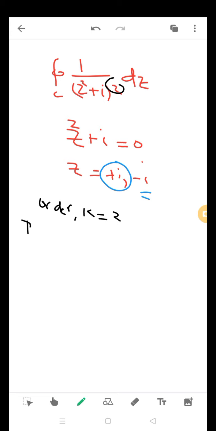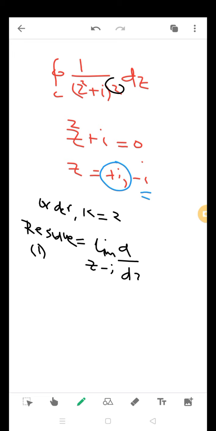So the residue at i is simply equal to the limit z tends to i of d by dz of (z minus i) whole square into f(z).